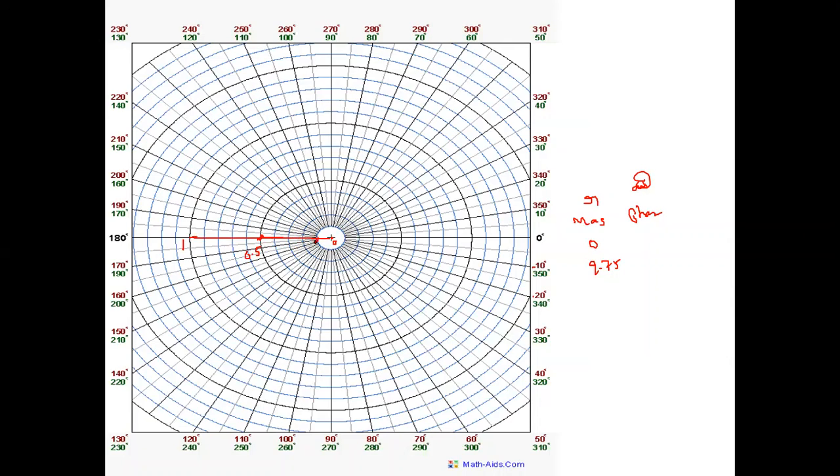This is the first one, second, third, fourth, and fifth. Total 5 divisions. So this is 0.1, this is 0.2, this is 0.3, this is 0.4. Pallavi, understood this?